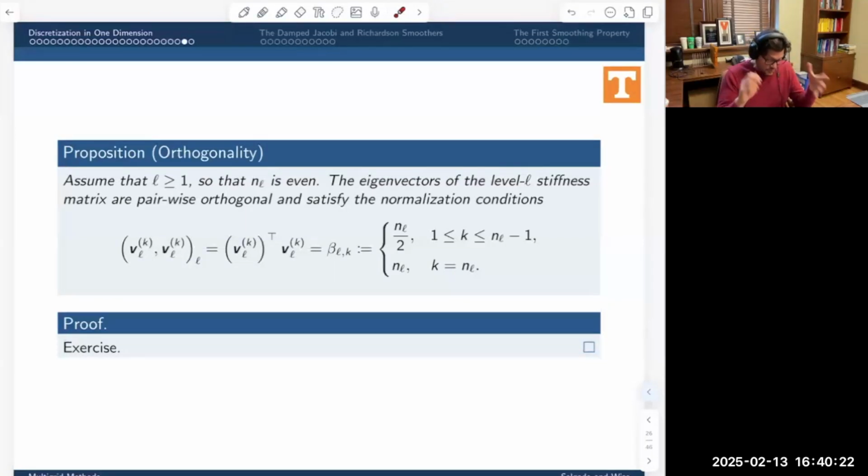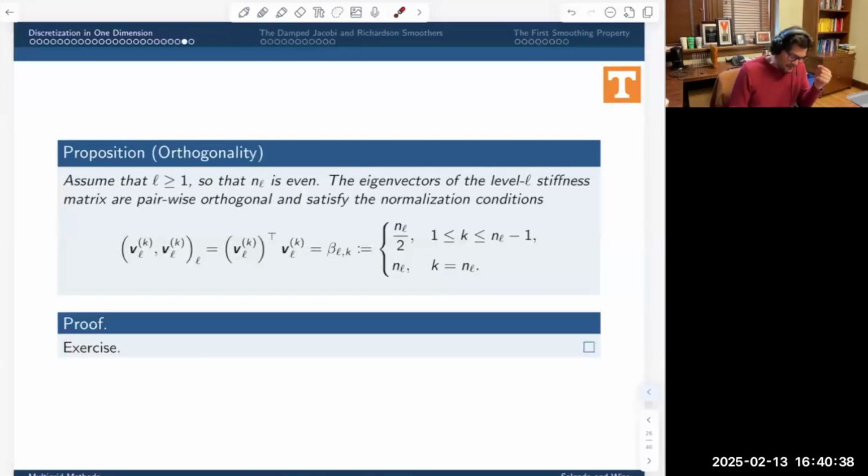That is true if you properly normalize them. And these sine functions, these sine modes, are not properly normalized to give us an orthonormal basis. However, we still do have an orthogonality relationship.